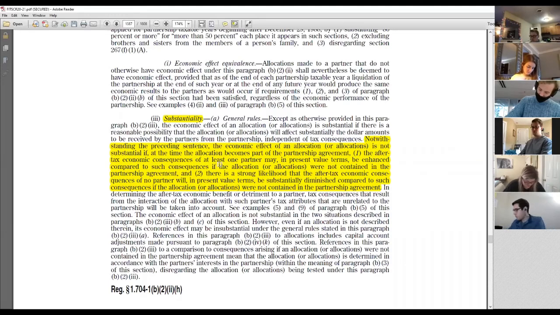So at least one partner may be better off as a result of these allocations on an after-tax present value basis. Now that's really, I think, meaningless because of course, someone has to have the potential to be better off on an after-tax basis when you amend the partnership agreement.